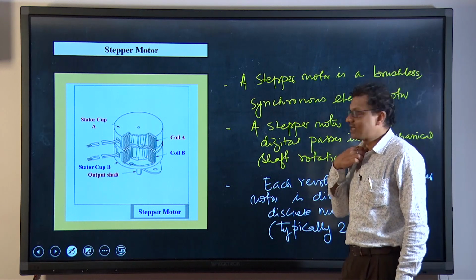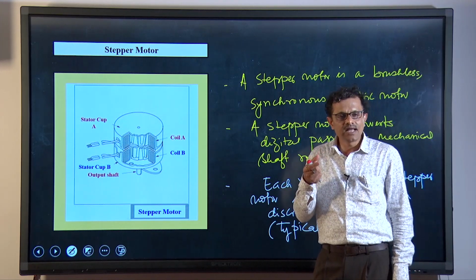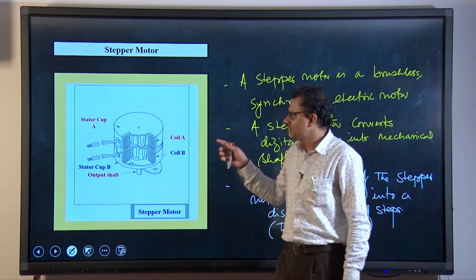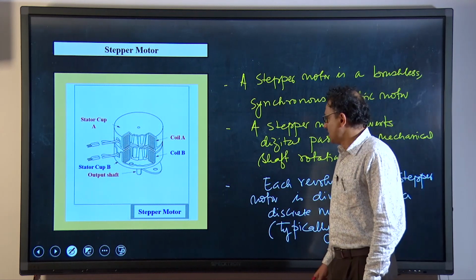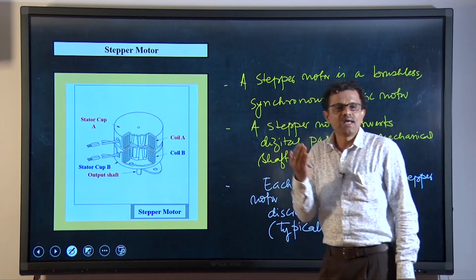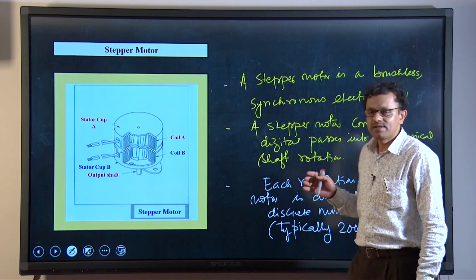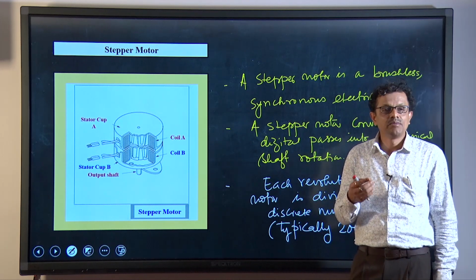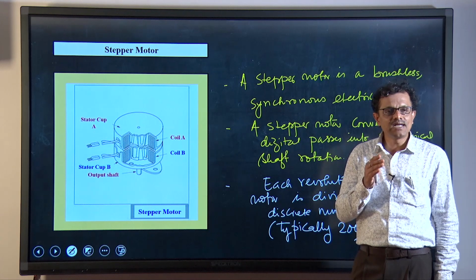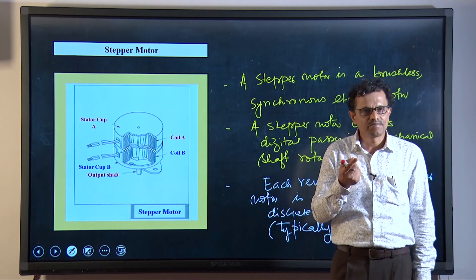So, if we have input digital pulses, the stepper motor can rotate the shaft. Each revolution of the stepper motor is divided into a discrete number of steps, which is typically 200, and the motor can take a single step at a time, each step of the same size, right.